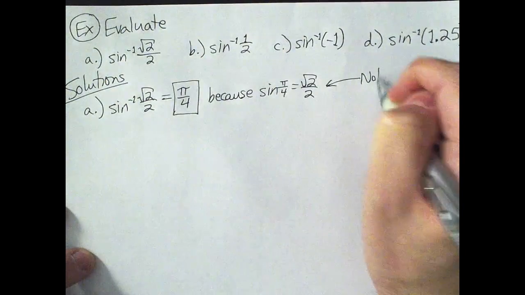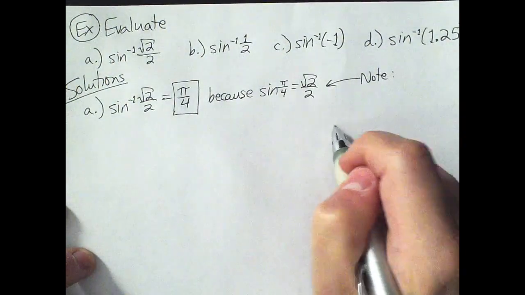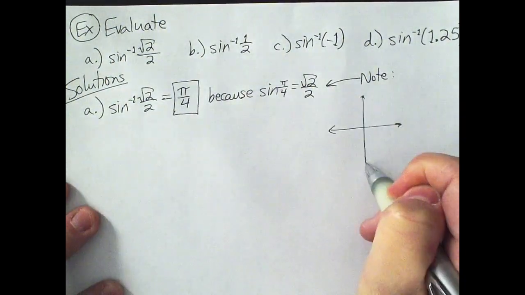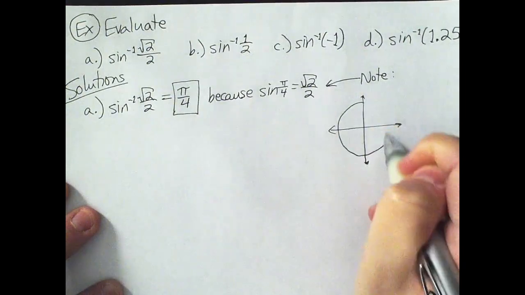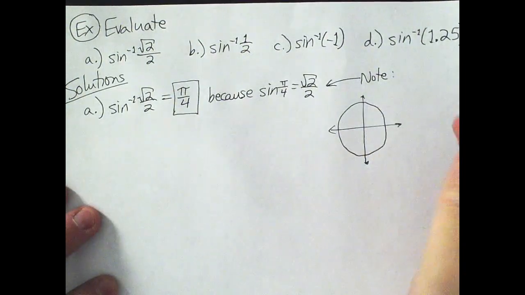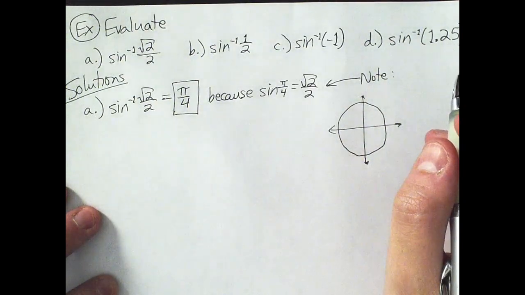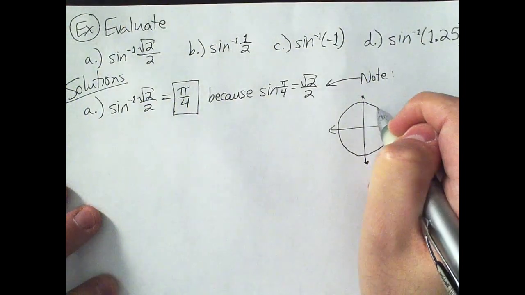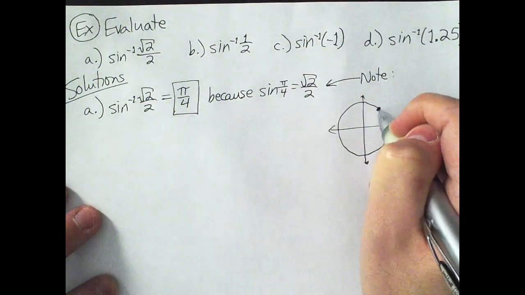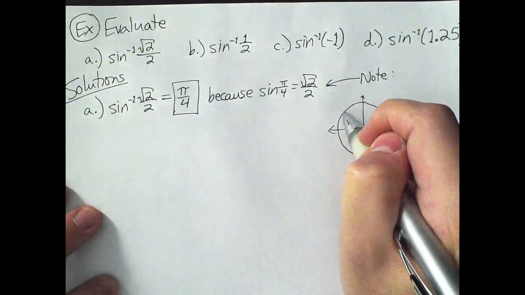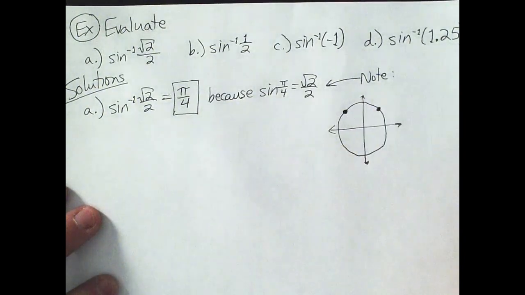So note, what if we drew a unit circle? We do scratch work on the unit circle, and we say, I want to know when is the sine of something equal to the square root of 2 over 2. And you might say that it happens here. And you might say that it also happens here.